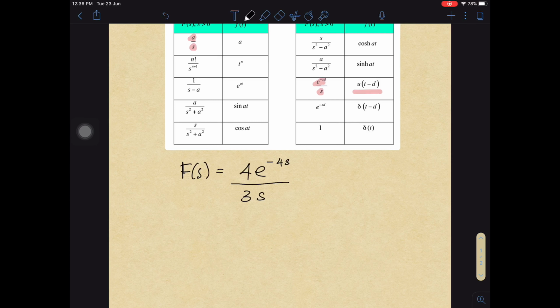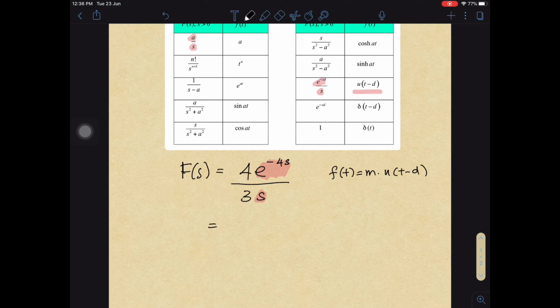Now, if you can see your F(s) is equal to 4 over 3 e to the power of negative 4s over s. In the denominator you have s to the power of 1, but you have the exponent in your numerator. So when you find this kind of function, you know it's related to the unit step function u(t minus d), so we can write f(t) equal to m times u(t minus d). For this case, it's recommended to take the coefficient outside.